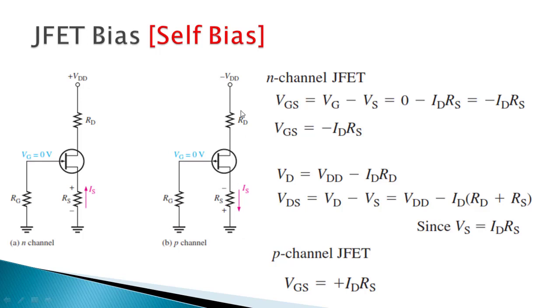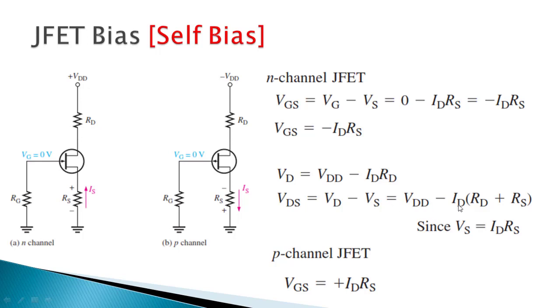Similarly, we apply KVL at this loop, with VDD, RD and RS. Note that ID and IS are equal, so we can commonly take it as ID. VDS, the voltage drop from drain to source, can be written as VDD minus the current flowing through RD, which is ID, and the current flowing through RS, which is also ID.